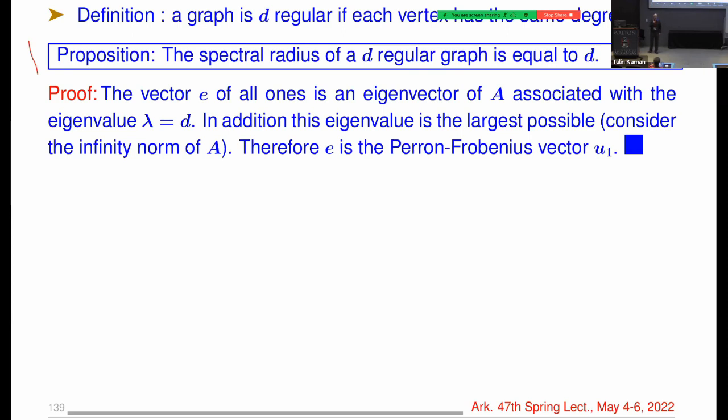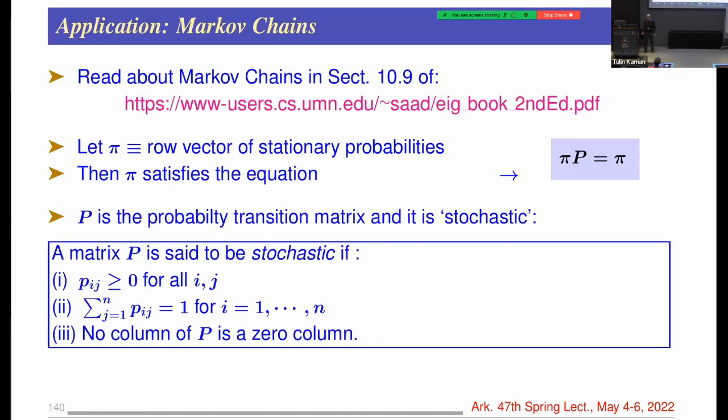In that case, the spectral radius of the adjacency matrix associated with a d-regular graph is equal to d, exactly d. And that's not very complicated to see; it's a not very complicated proof. It uses the Perron-Frobenius theorem.